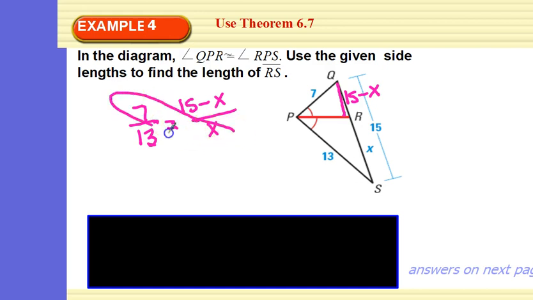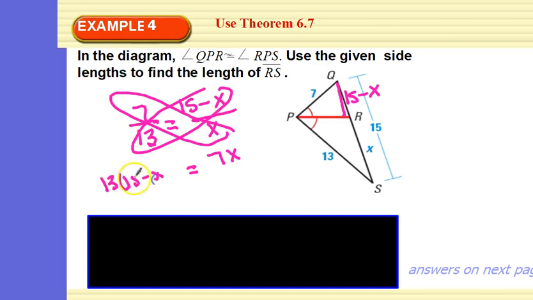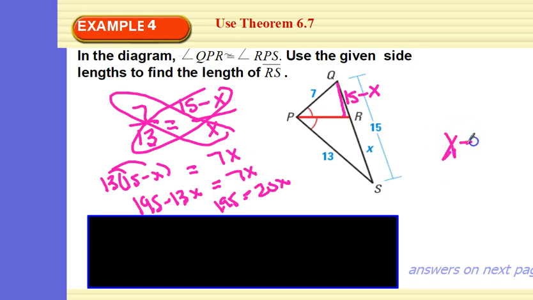Cross products and solve. 7X equals 13 times 15 minus X. What is 13 times 15? 13 times 15. 195 minus 13x, add 13x to both sides, 20x equals 195. 195 divided by 20. X is 9.75.